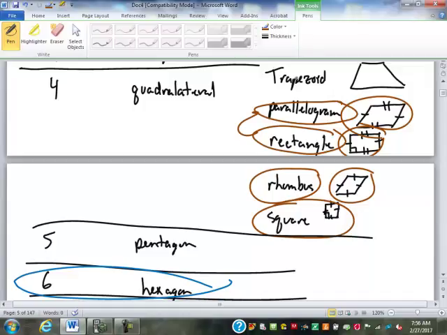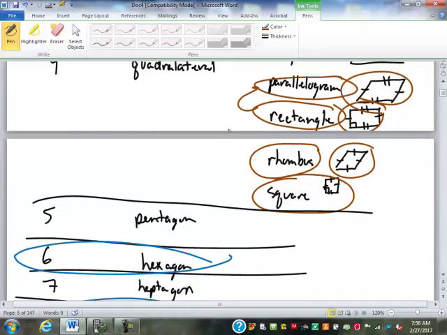You'll have a packet that should have all of it. Realistically, the odd-sided polygons, once you get above a pentagon, occur occasionally, but really the odd-sided polygons, once you get above a triangle, just don't occur very often. So you're dealing mostly with even-sided.